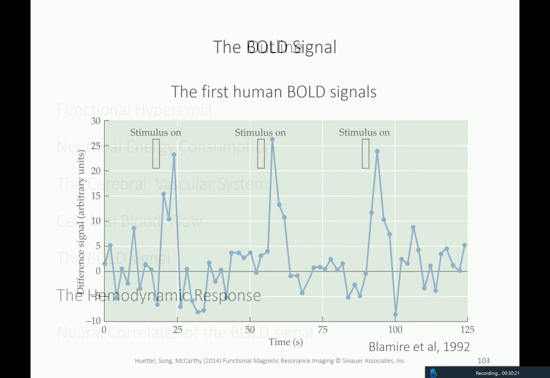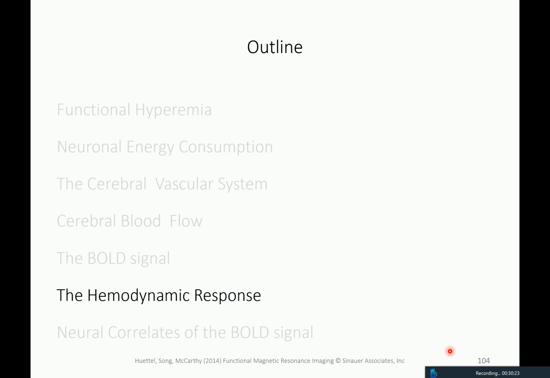But coming back now to the hemodynamic response and this idea to relate everything together. What this story was about: the BOLD signal on its own is an interesting effect, that the blood oxygenation level affects MR signals, and that has been discovered and demonstrated.